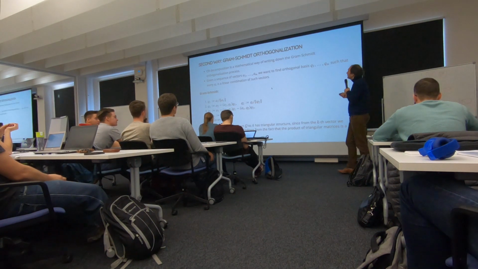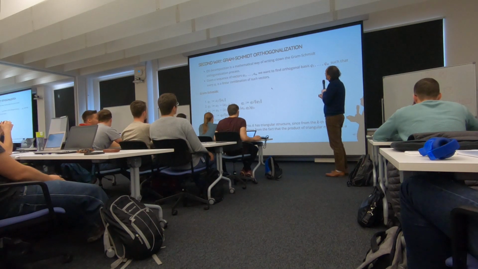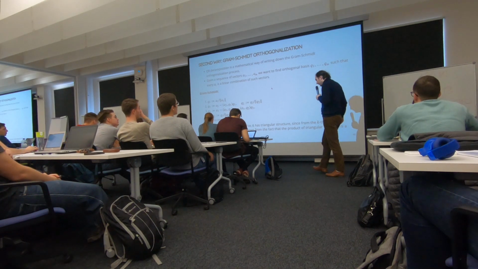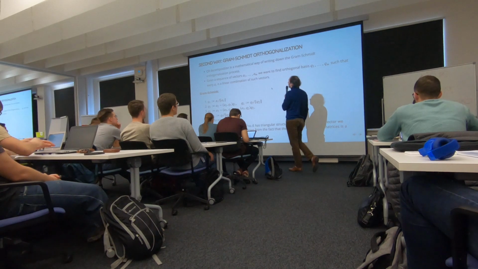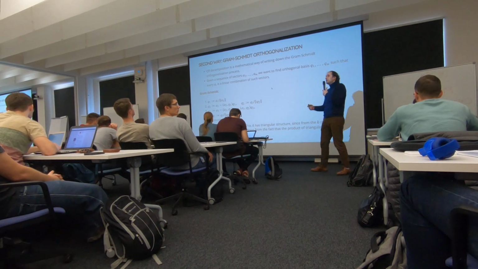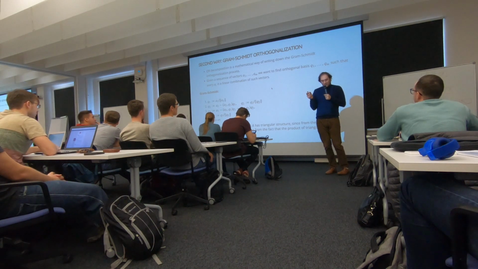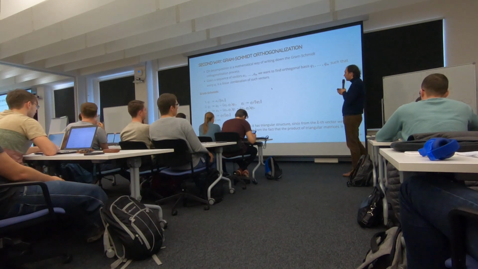So the second way is the Gram-Schmidt orthogonalization. And this is connected, of course, to the computation of an orthonormal basis. The QR decomposition is a mathematical way of writing down the orthogonalization process.